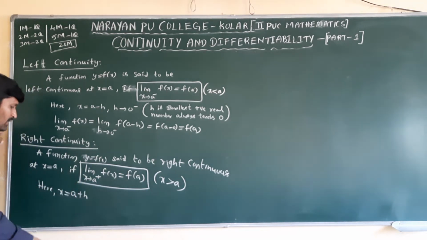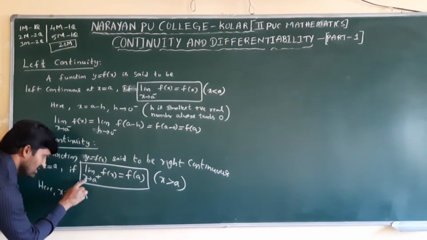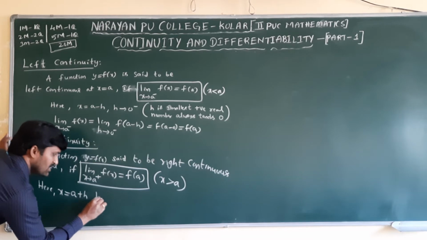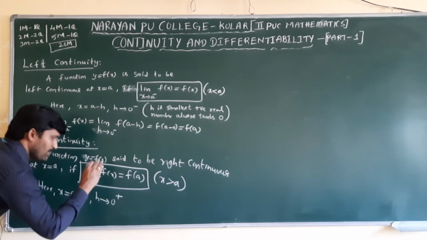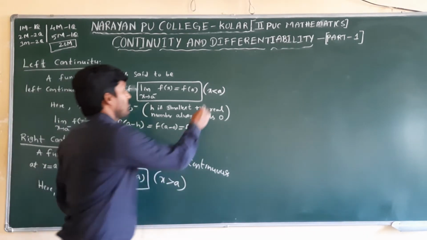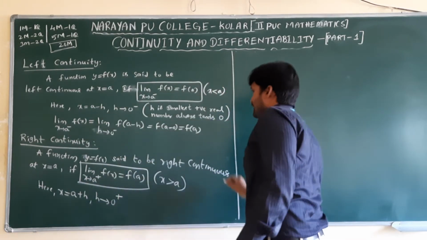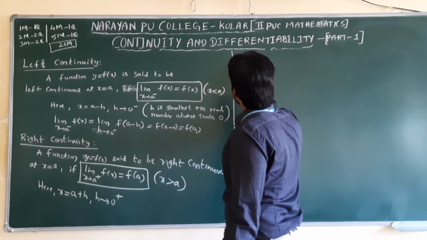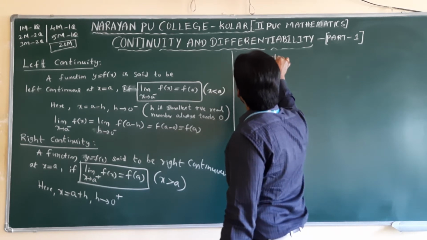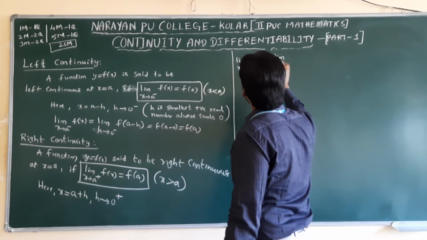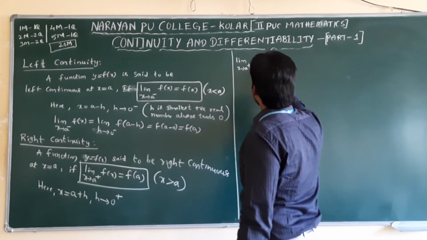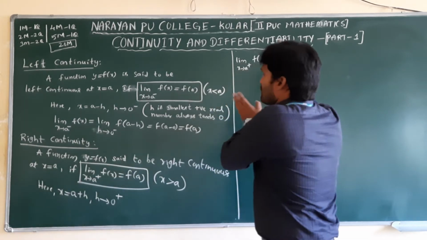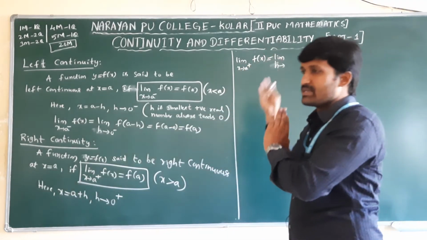Okay. Now x is a means a cancels, h value what will you get? 0. Now why am I taking plus here? Because this is a right hand limit. From here, replace limit x tends to a plus f of x equal to, now I am substituting x value in terms of h. When you are changing the function in terms of another variable, change the limits also.